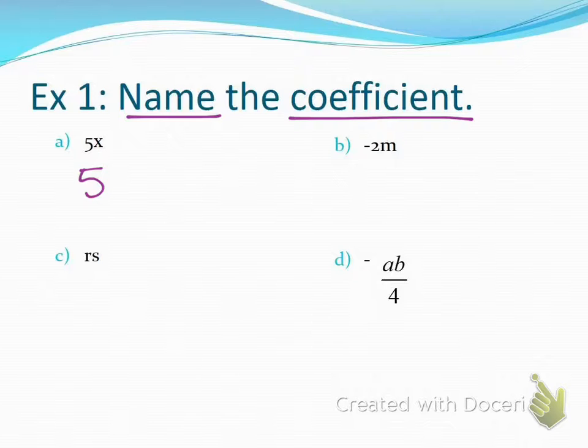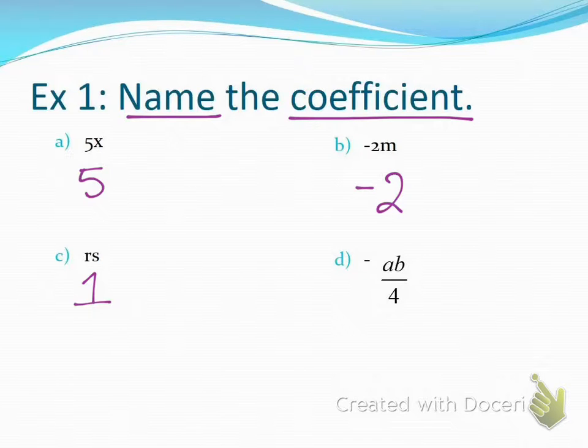What about on letter B, Hunter? -2. -2. Good. Coefficients can be negative. What about on C? Janaya? 1. Good. That is like the 1x example that we saw. That would be 1 RS.